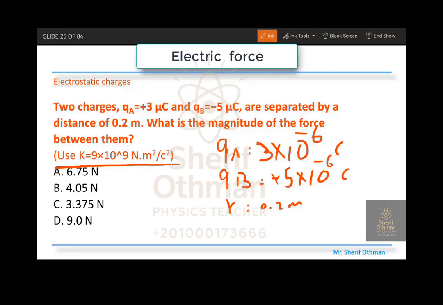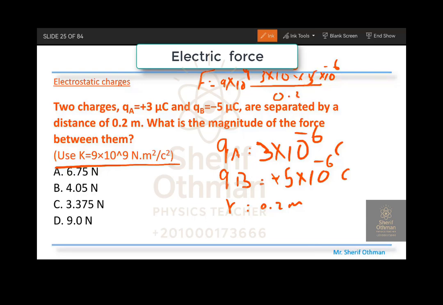So the answer will be F equal to K, 9 times 10 to the power 9, multiplied by 3 times 10 to the power negative 6, multiplied by 5 times 10 to the power negative 6, divided by 0.2 squared. This one is 5, not 3.